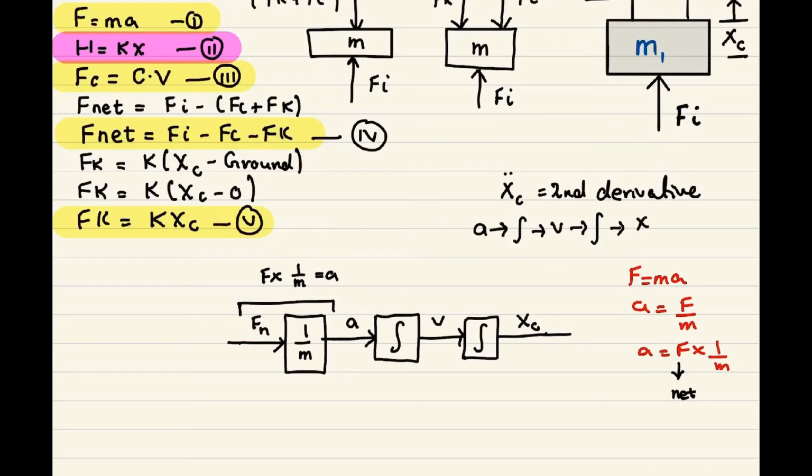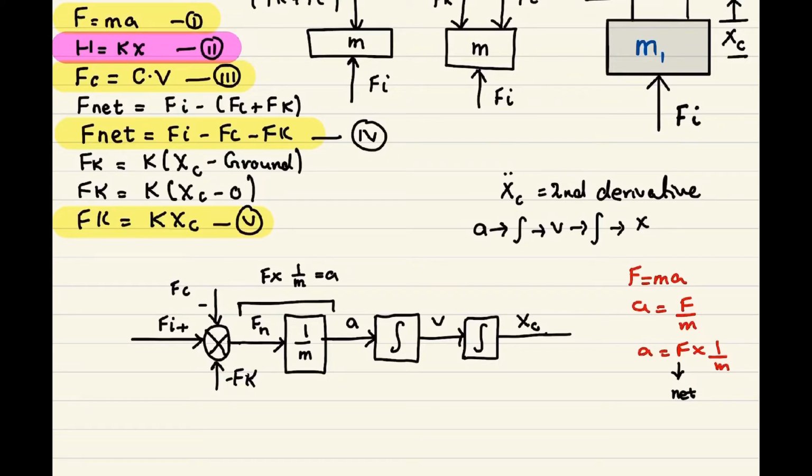So we are just going to use a summation block here, and in that summation block I will put this fi which is positive, and then minus fc and minus fk.